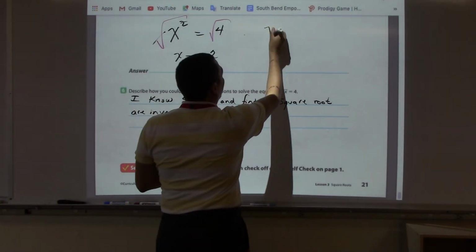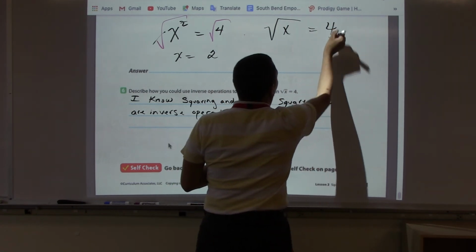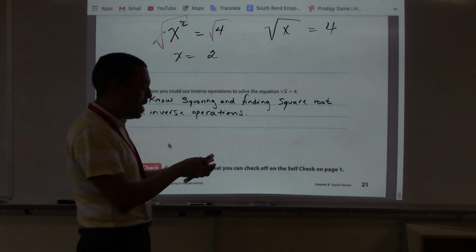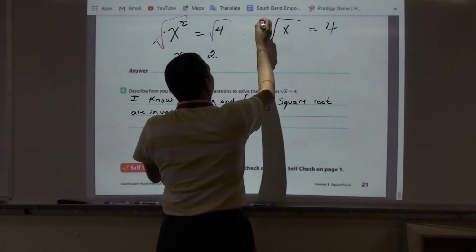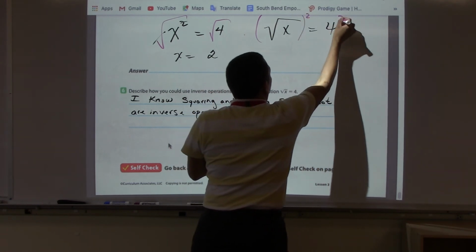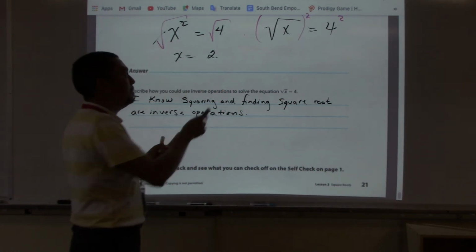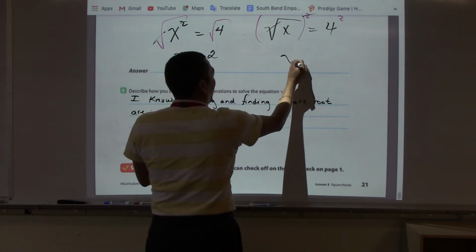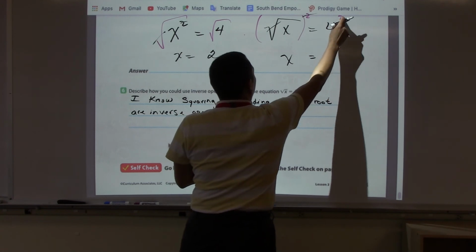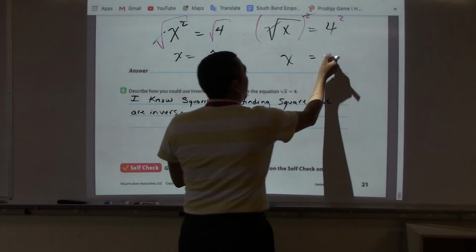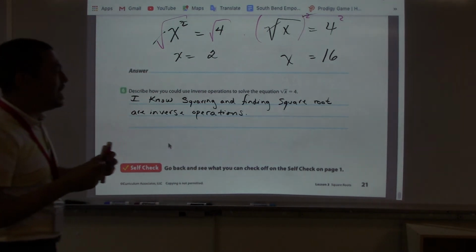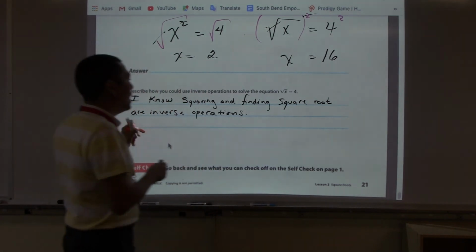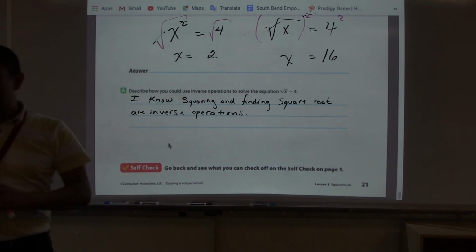Now, for the square root of x equals 4, we need to eliminate that radical, so we are going to square both sides of the equation. Remember, whatever happens on one side happens on the other. So these two eliminate the radical, and x equals 4 to the second power, 4 times 4 equals 16. So I know that squaring and finding the square root are inverse operations.